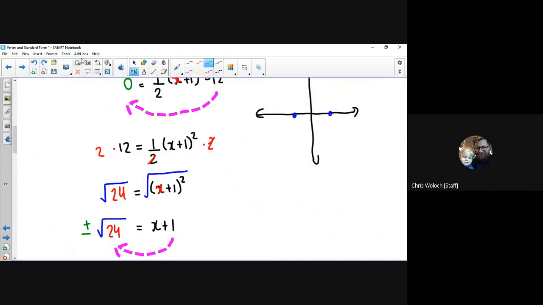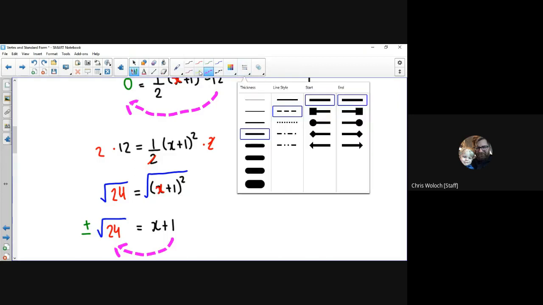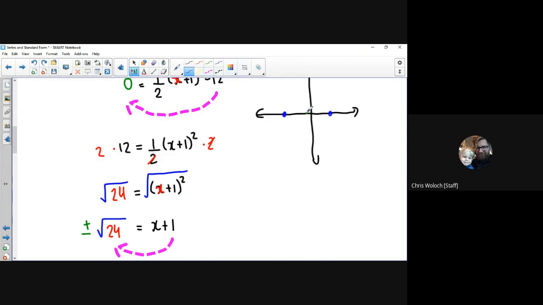Let me just move this so it looks nicer, because it's just a sketch. We don't really care about perfect accuracy. So this is -1, and let's say this is -12. I have the dot here, and I know my parabola is going to go like this.